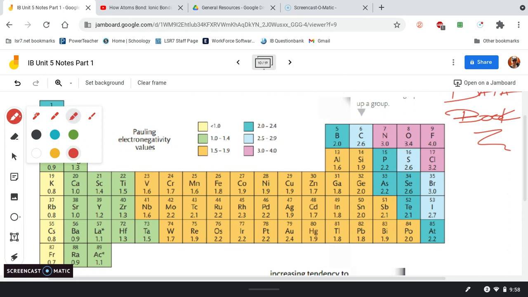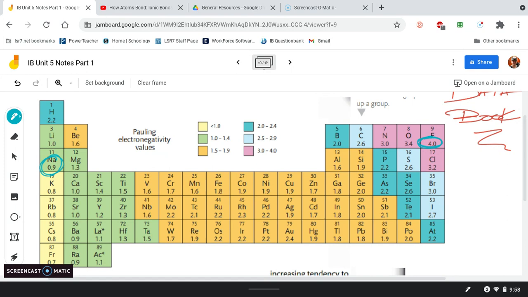Okay, so take a look at fluorine. It has a 4.0. That's the biggest number on here. Fluorine wants electrons more than any other chemical on the entire periodic table. All right, now if you look at something like sodium, 0.9, it doesn't really want electrons at all.